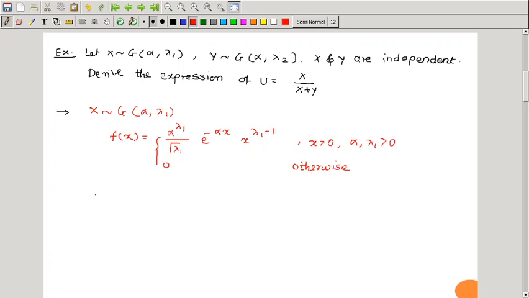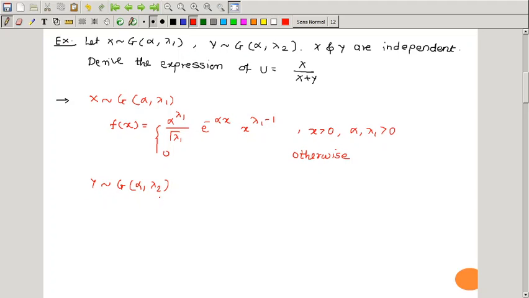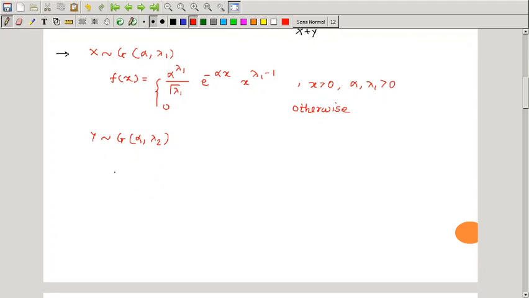Now further we have given that Y has a gamma distribution with parameters alpha and lambda 2. So the density function of Y is f of y is equal to alpha raised to lambda 2 upon gamma lambda 2, e raised to minus alpha y, y raised to lambda 2 minus 1, where y greater than 0 and parameters alpha, lambda 2 greater than 0, and 0 otherwise.